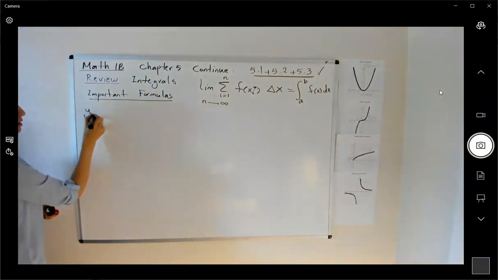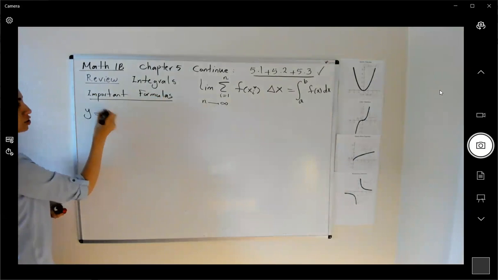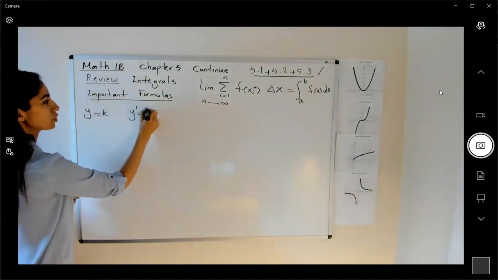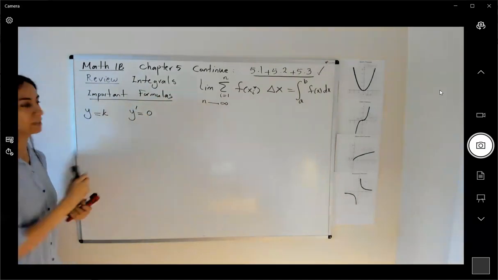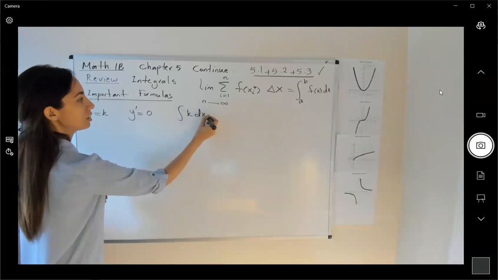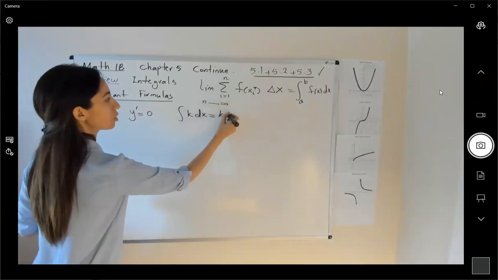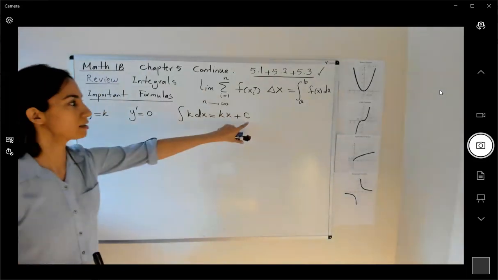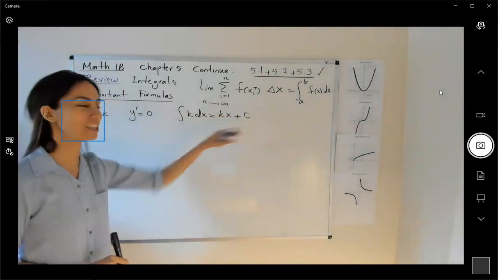We learned that if we have a constant function like k, the derivative of a constant function is 0, and the integral of a constant function is equal to k times x plus C. This is called the constant of integration.